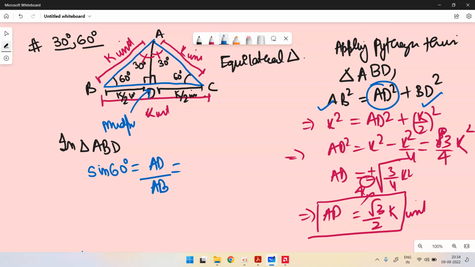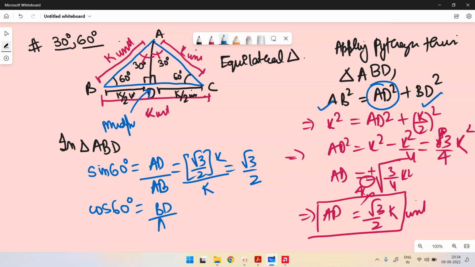Now AD is root 3 by 2 k, and AB is k unit, which implies this is root 3 by 2. Now second is cos 60 degree. What is cos 60 degree? This is base by hypotenuse. Base is BD by AB. BD is k by 2, and this is k, so this will be half.